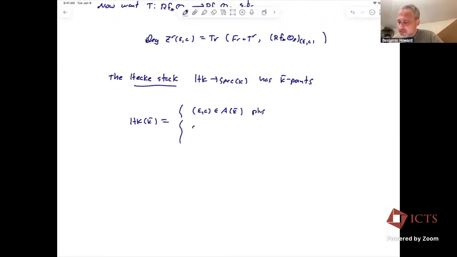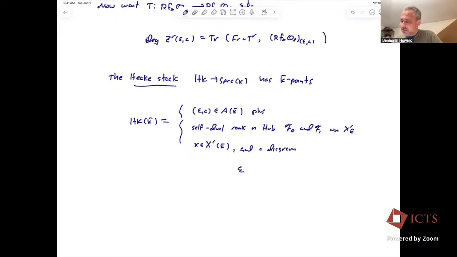Plus self-dual rank n Hermitian vector bundles F0 and F1 on the curve, base change to K bar, and a point, a geometric point of the curve, and a diagram.